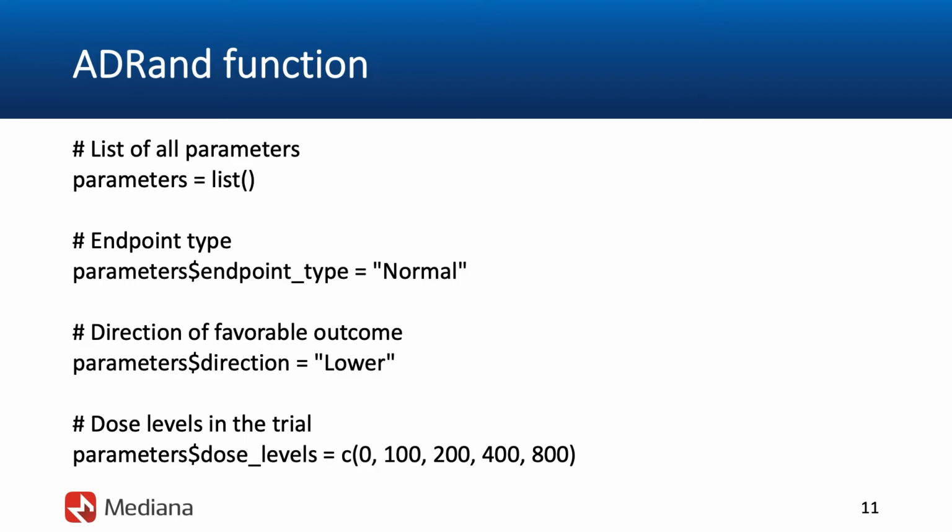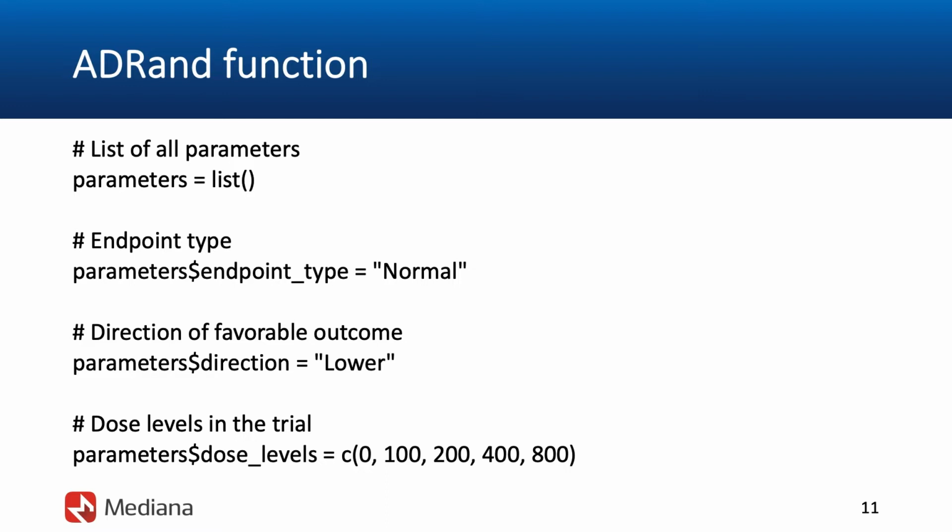We're now ready to begin discussing the code that will need to be written, the specifications, the required parameters for the ADRAND function that enables simulation-based assessments of the proposed response adaptive trial design for this trial, in patients with major depressive disorder. And the R code that would be required here is shown on the next several slides.